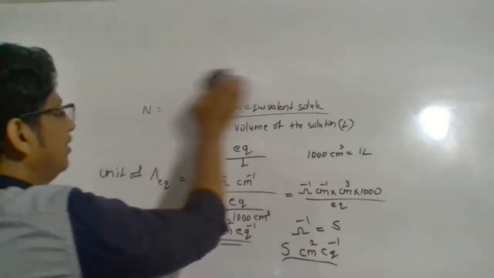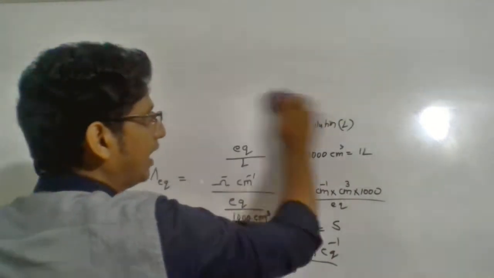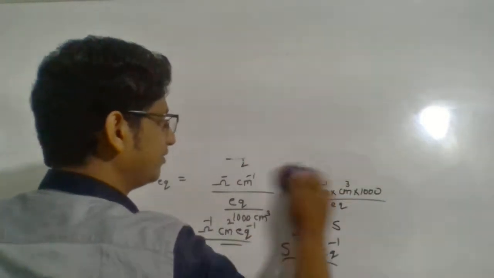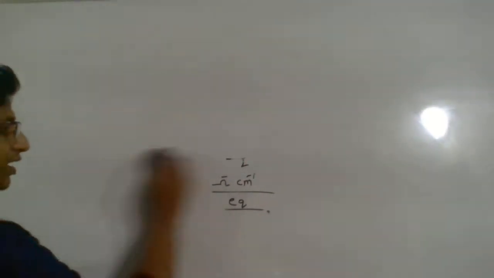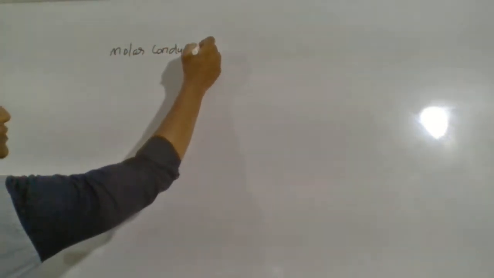Similarly, we discussed equivalent conductivity, but more often we use the next term, molar conductivity. We express molar conductivity quite often, so let us discuss what molar conductivity is all about. Molar conductivity is lambda m.